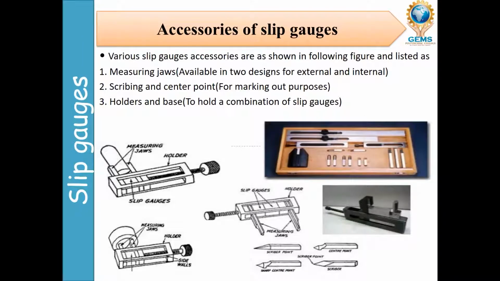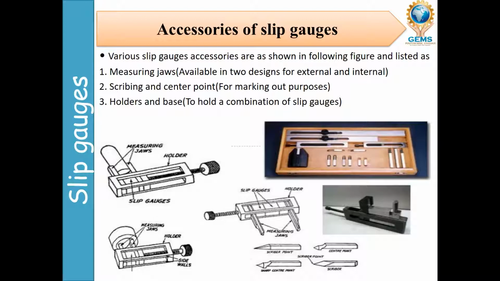Accessories of slip gauges. Various slip gauge accessories are shown in the following figures, listed as measuring jaws, scriber and center point, holders and base. If you see this picture, some are for the measurement of external dimensions and some for the measurement of internal dimensions.